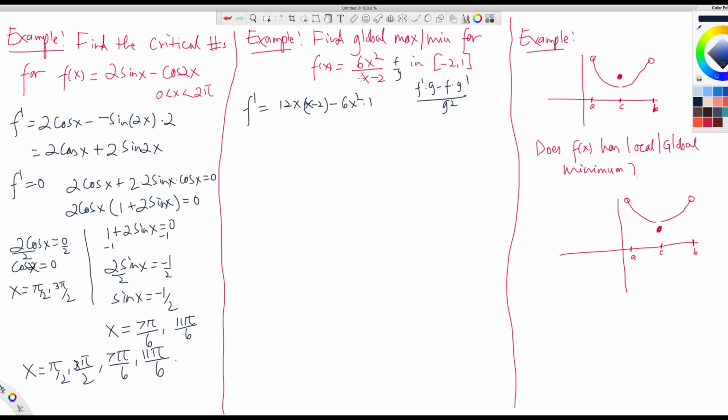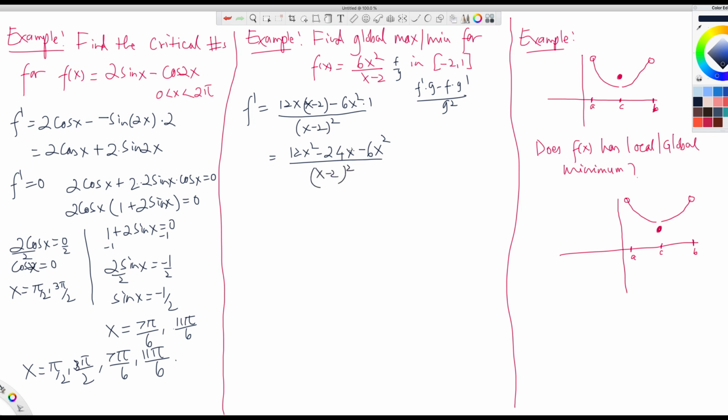The derivative of x minus 2 is just 1, divided by g squared, which is (x minus 2) squared. If you simplify, what do you get? 12x times x is 12x squared, minus 24x, minus 6x squared, divided by (x minus 2) squared.